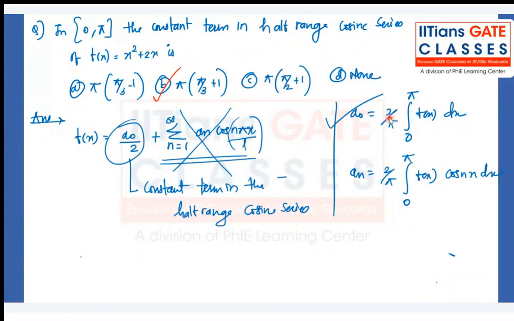And what is the a naught formula? A naught formula is 2 by pi integration 0 to pi f of x dx. So your target is to calculate a naught in this case and divide it by 2, and that will be your constant term.